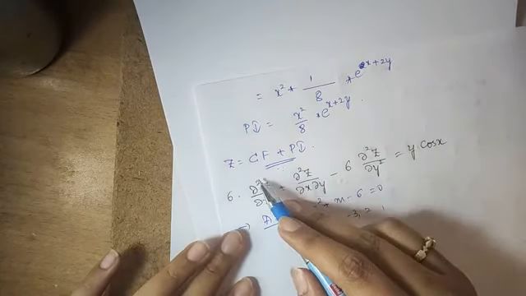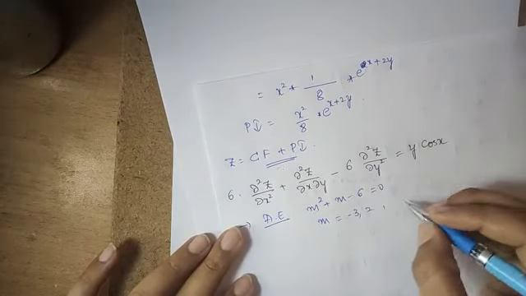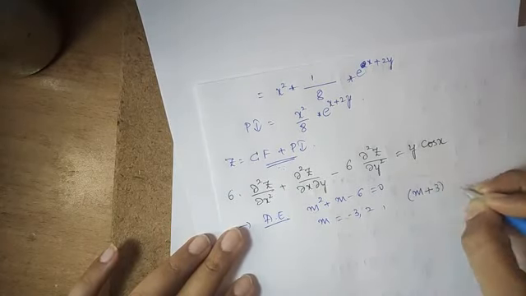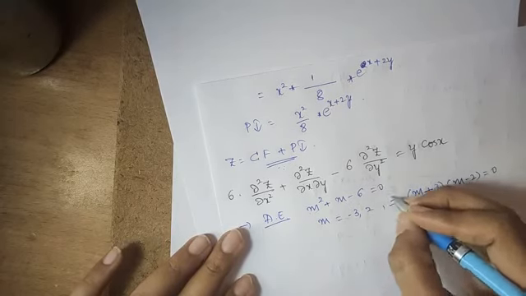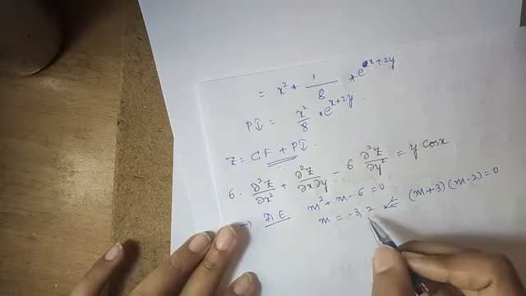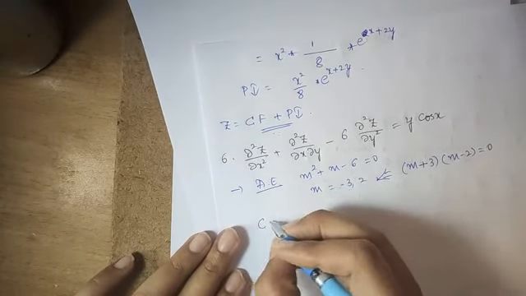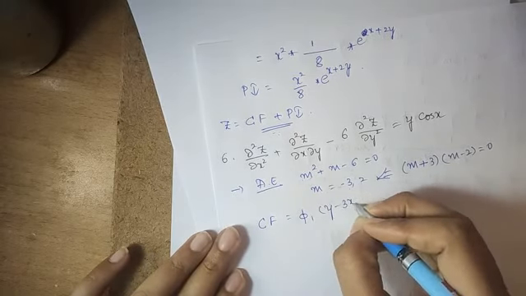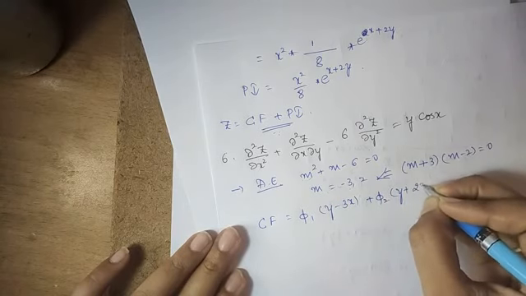That means I can write this differential equation as m plus 3 into m minus 2 is equal to 0. This implies m is equal to minus 3 and m is equal to 2, isn't it? So the complementary function will be phi 1 of y minus 3x plus phi 2 of y plus 2x.